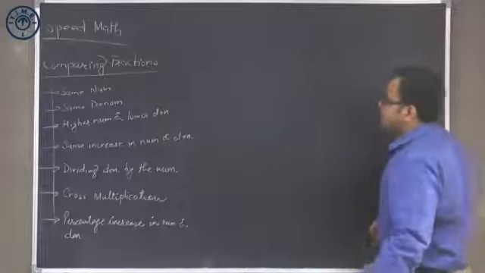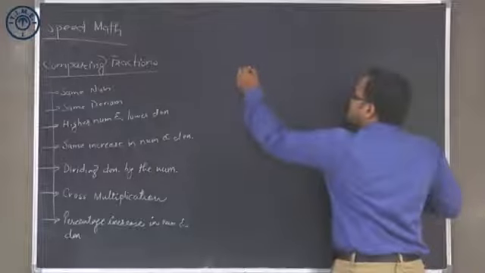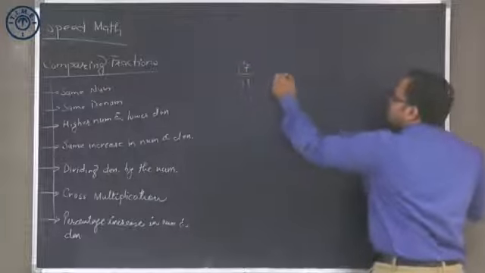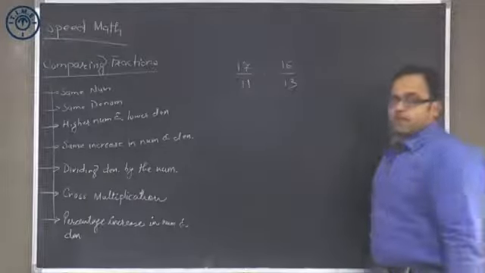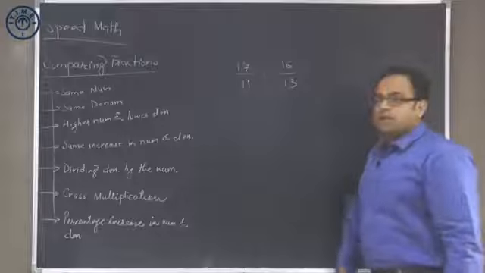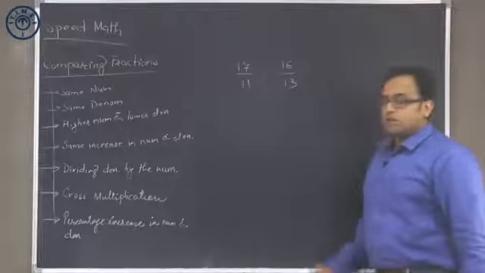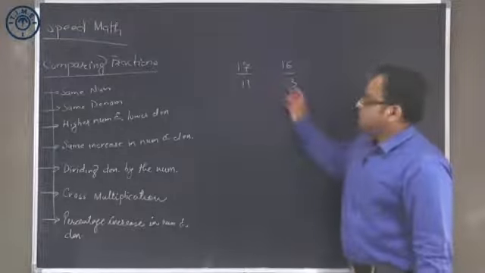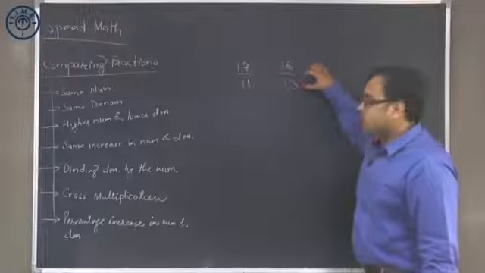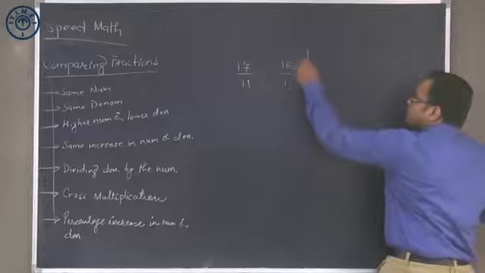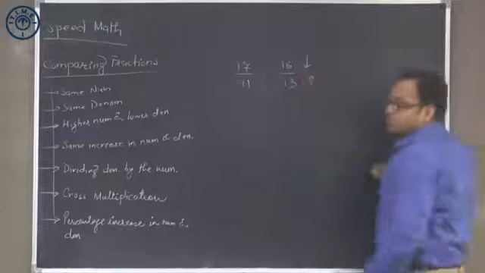So let us say I have to compare 17 upon 11 with 16 upon 13. What I understand is 11 to 13 and 17 to 16. In the case of 16 upon 13, the numerator is lower and the denominator is higher.